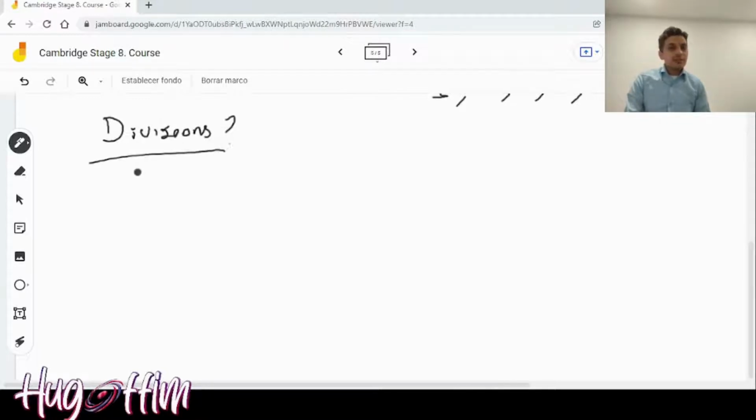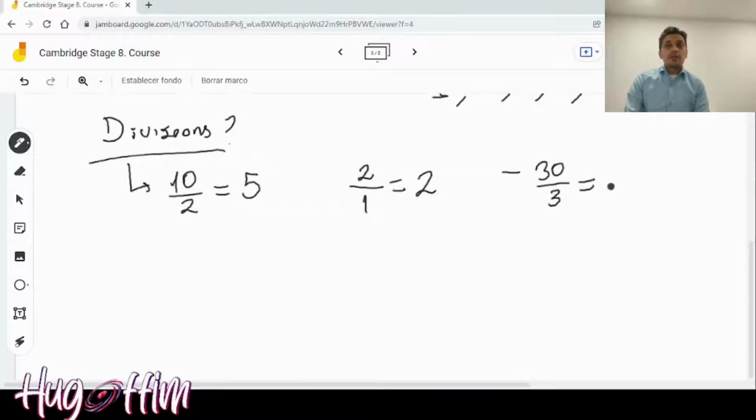For example, 10 divided by 2 gives you 5, so it's a natural number. Or 2 divided by 1 gives you 2, a natural number. Or -30 divided by 3 gives you -10, so it's an integer.